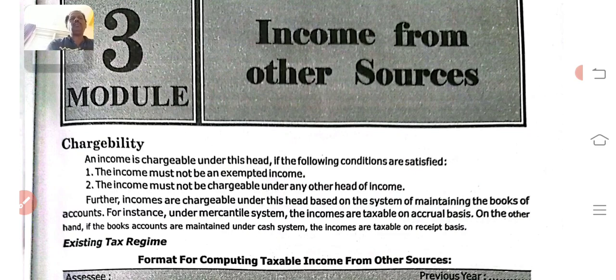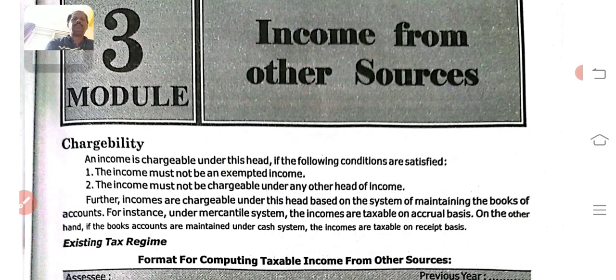If the following two conditions are satisfied, an income is chargeable under this head, income from other sources. Incomes are chargeable under this head based on what system of maintaining the books of accounts.